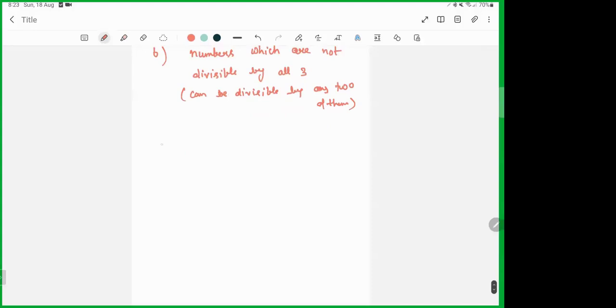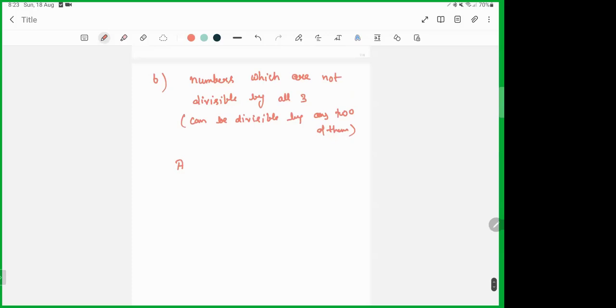That will be the complement of A3 intersection A5 intersection A7.